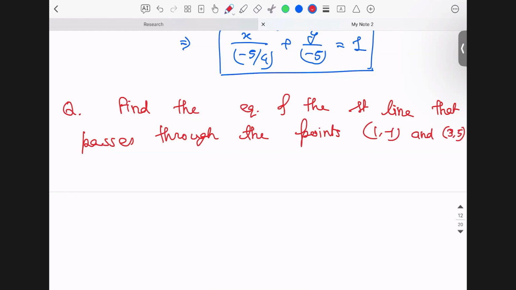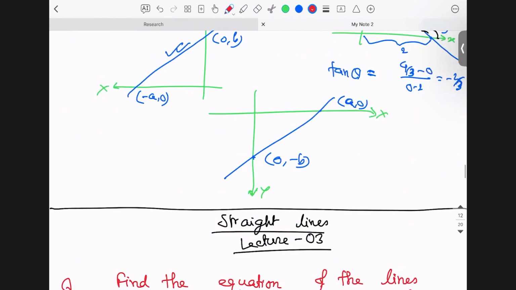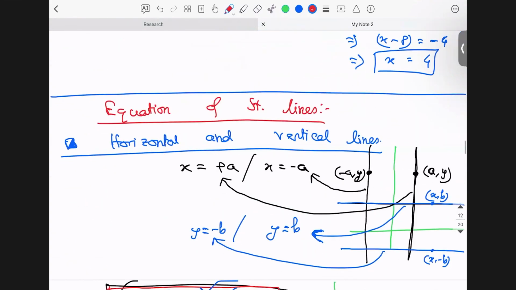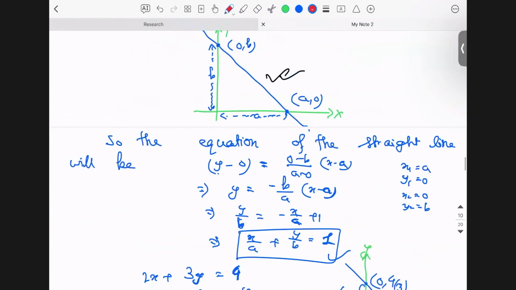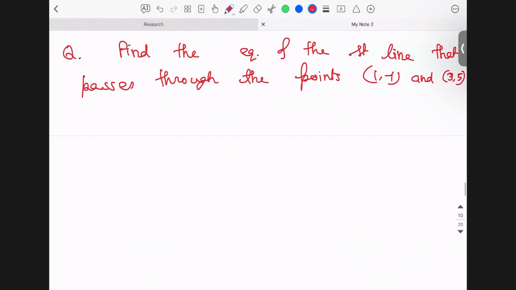Here we can use this third equation. Why the third one? Because here we know two points and have no other information. So we can only use that formula for the case where we know only two points on the straight line.